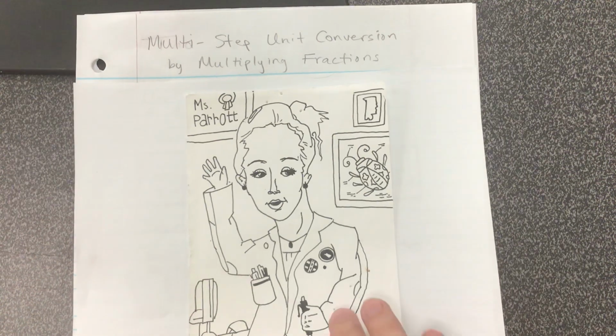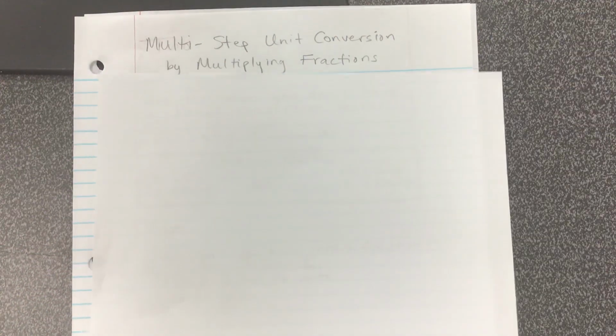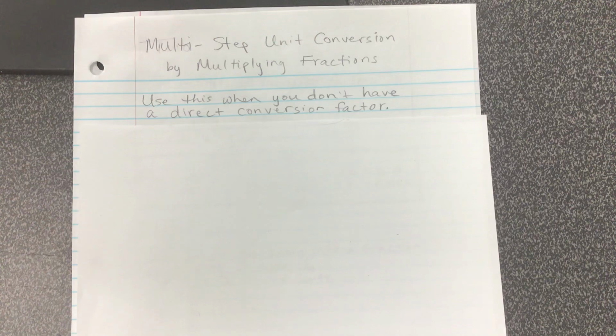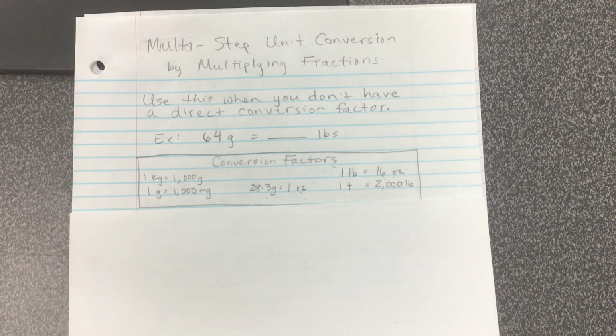All right, so when do we use multi-step unit conversion by multiplying fractions? You're going to do this when you don't have a direct conversion factor to get you from the value you want to the value you need. For example, if I have 64 grams and I want to know how many pounds that is, but the only conversion factors I have are these, there's nothing here that goes directly from grams to pounds.